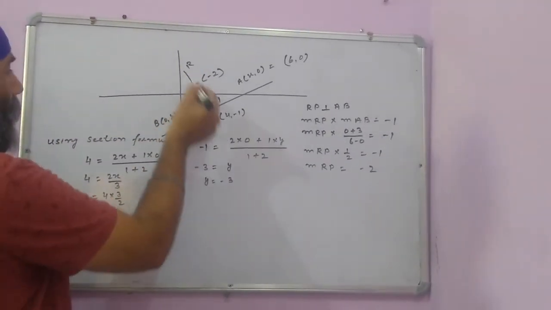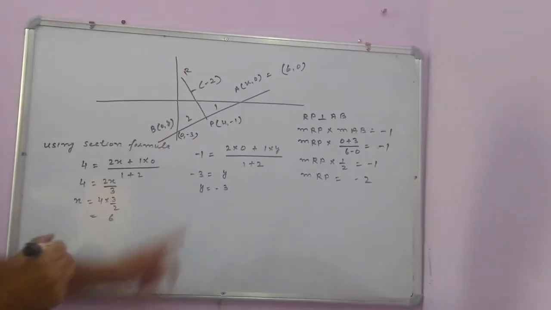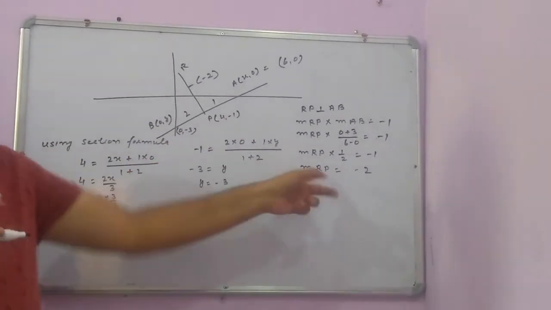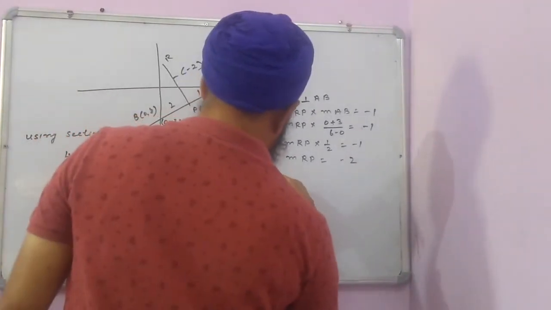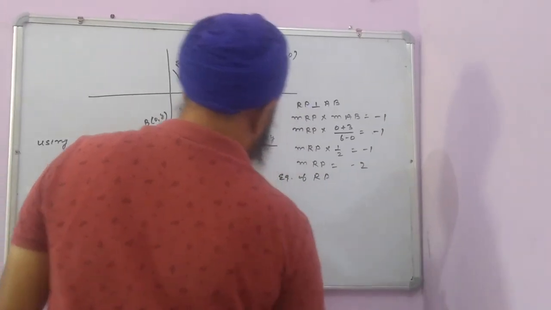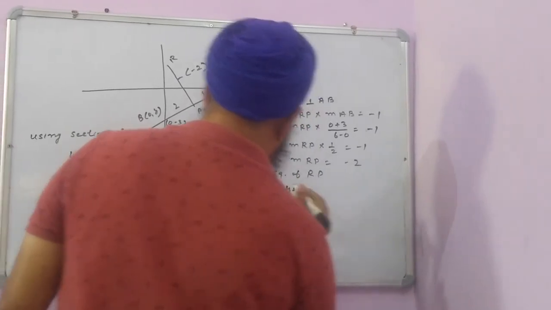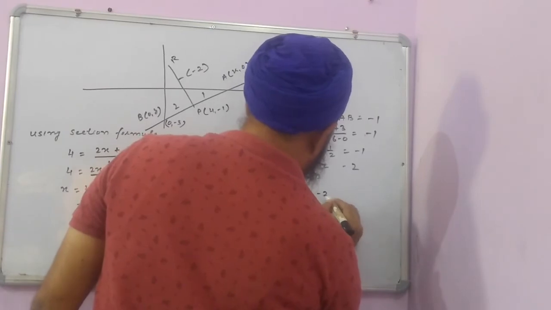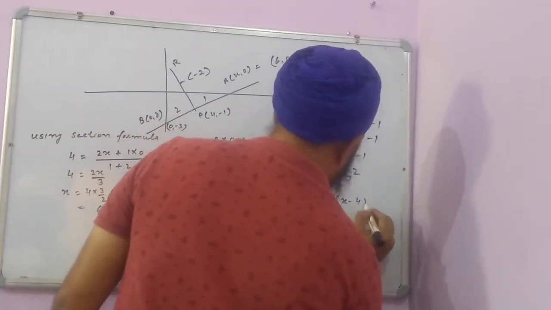We know the slope of line RP, and we know that this line is passing through (4, minus 1). We know the slope, we know the point. So to find equation of RP, we use point slope form. So equation of RP is y minus y1, minus minus plus, is equal to m, slope is minus 2, x minus x1.